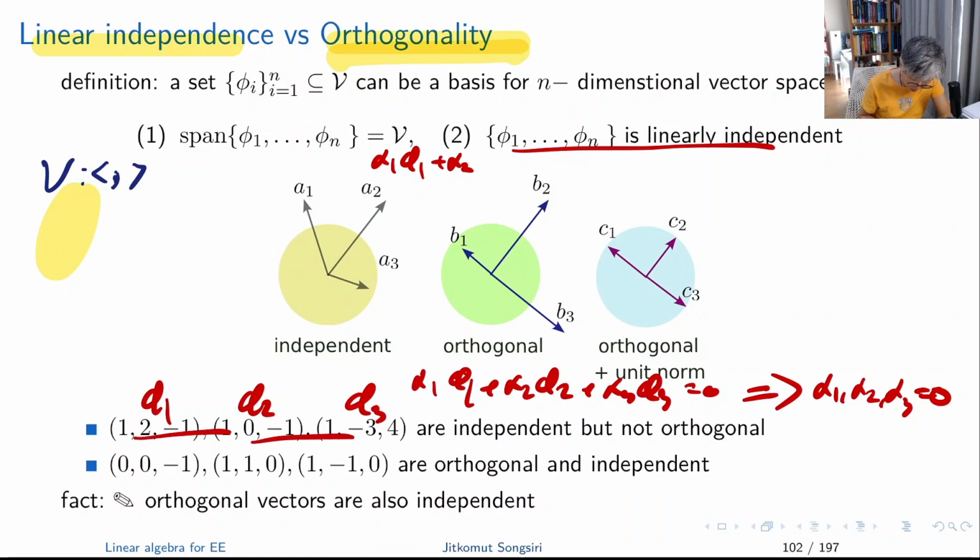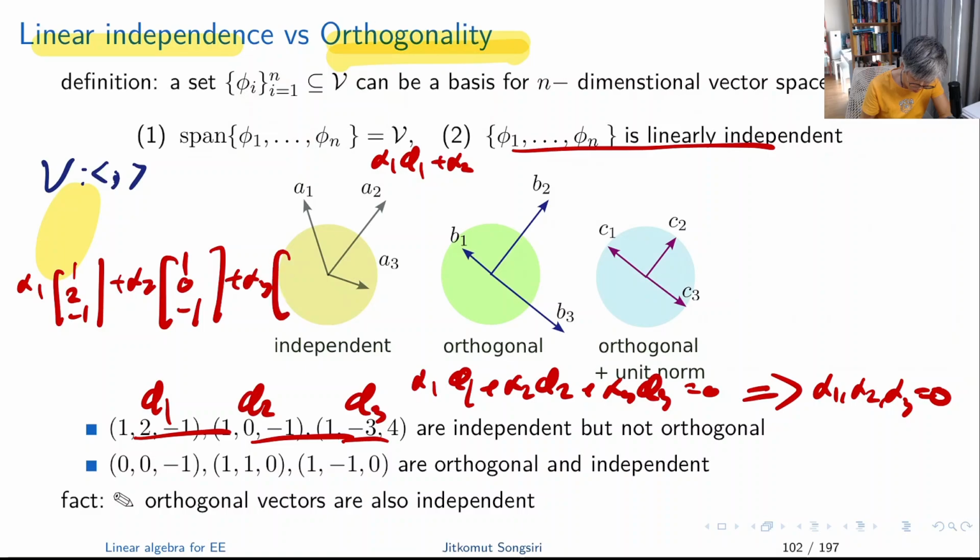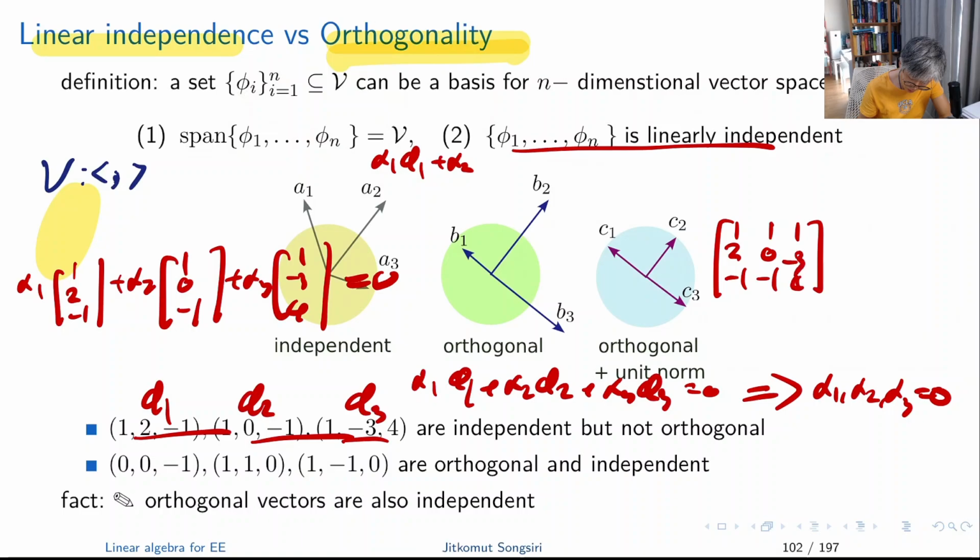And from this specific example, you will see alpha 1 times (1, 2, minus 1) plus alpha 2 times (1, 0, minus 1) plus alpha 3 times (1, minus 3, 4). If you set it to 0, it's going to end up in solving a linear equation, a matrix multiplied by alpha 1, alpha 2, alpha 3.